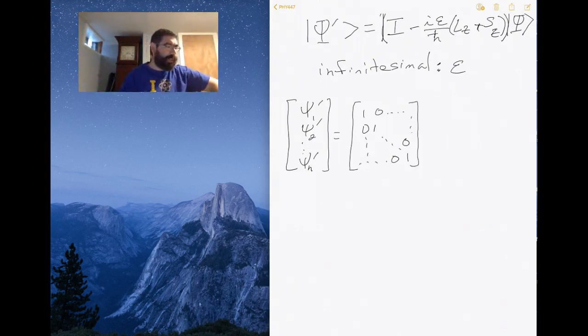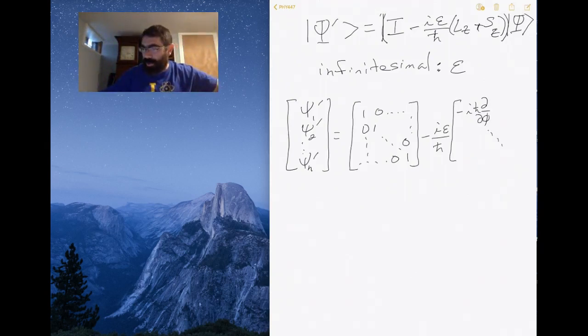So that's the identity matrix, minus i epsilon over h bar, and I have the orbital rotation, minus i h bar times the derivative with respect to phi all along the diagonal, and zeros every place else.